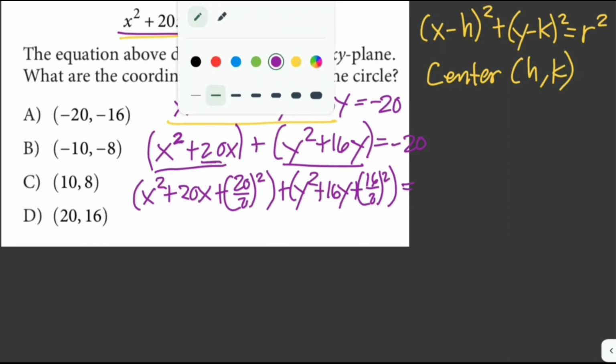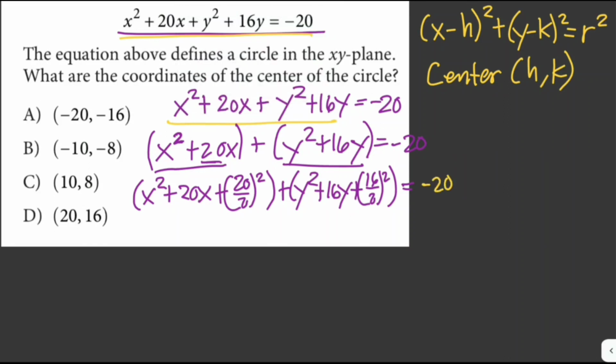equals negative 20. Whatever we add here, we also add to the right. So that would be plus 20 over 2 squared plus 16 over 2 squared.